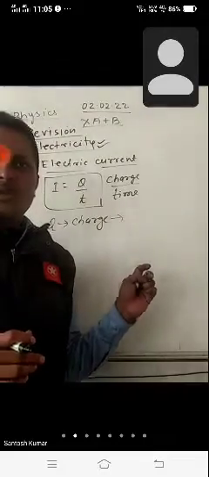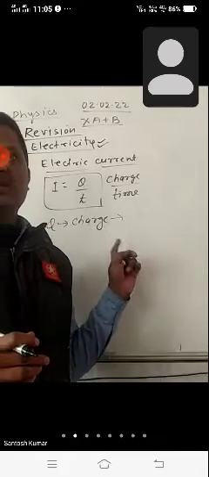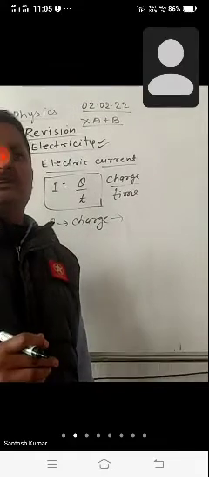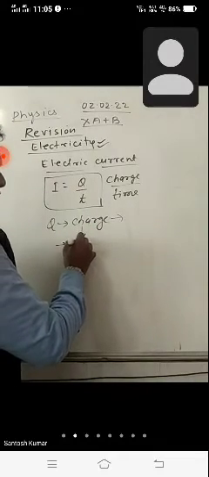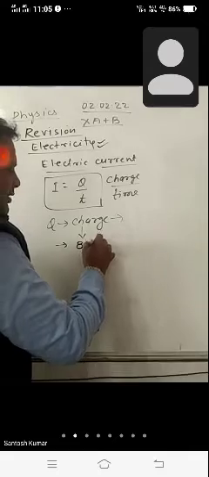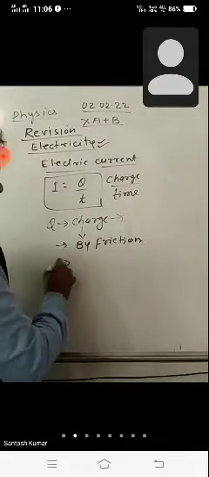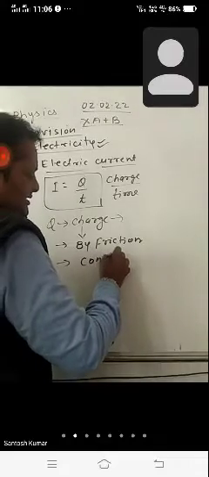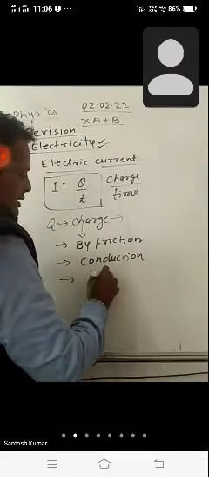And in class 7, you have also studied about the nature of the charge and how the charges can be generated. So we have also gone through that charge can be produced by rubbing or by friction. Second, by conduction. And the third one was induction.